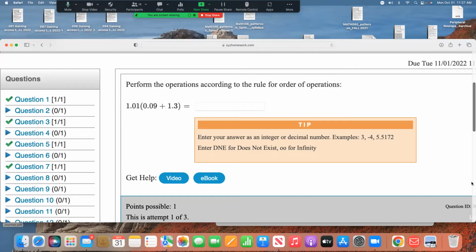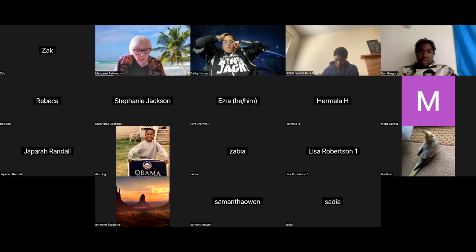You could make it 1.30 to make it easier to keep things lined up. And then when you're done, you multiply by 1.01. So that's multiply because the parentheses will then multiply. So what's the answer to the two added?